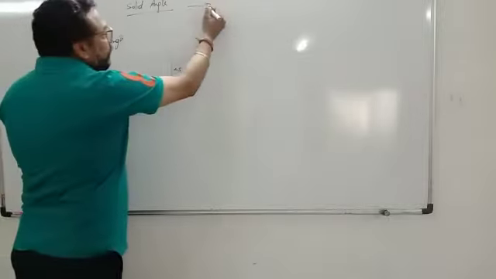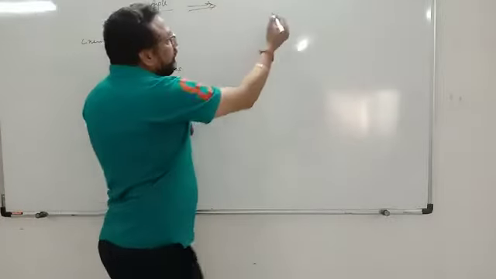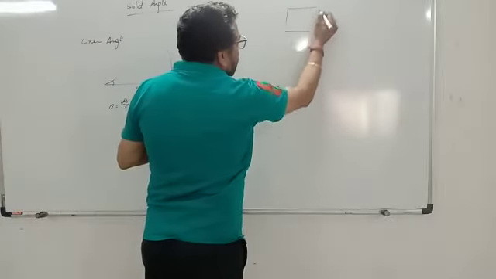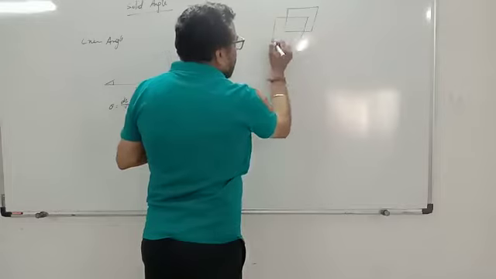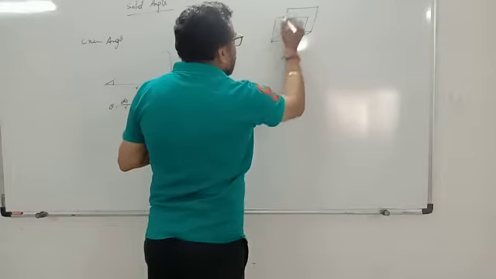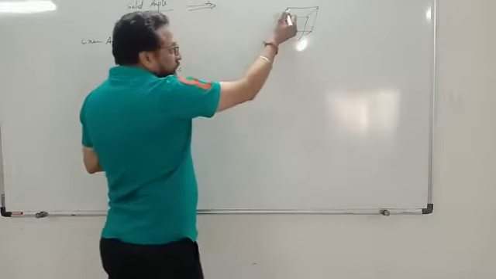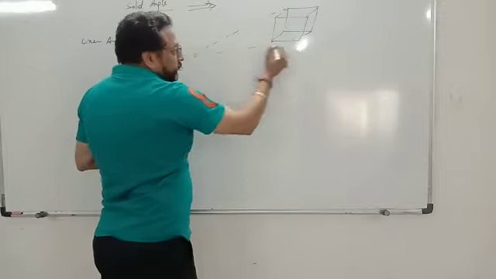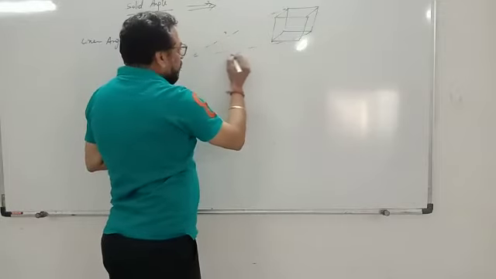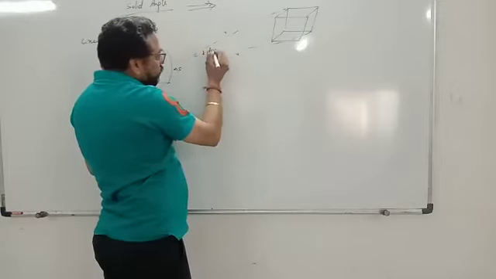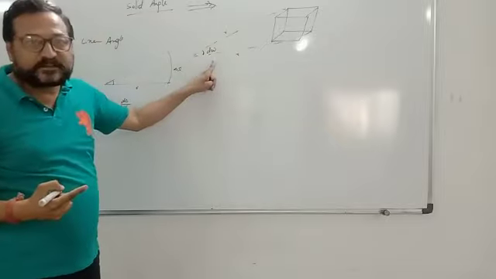But that's the solid angle. What do you understand by solid? If this is a solid surface and we make the angle of this one like this, R and this is R, this angle is d omega, and this angle is known as the solid angle.